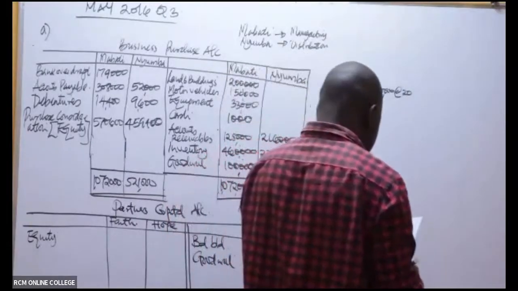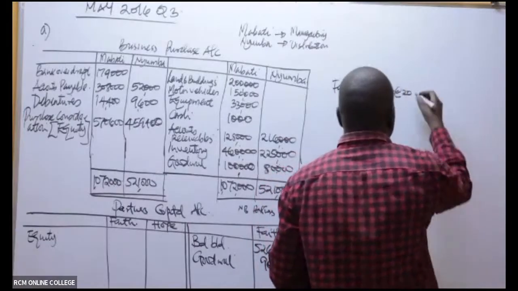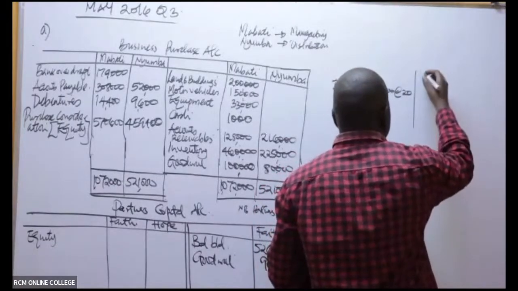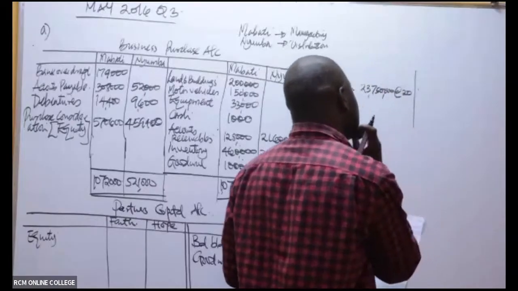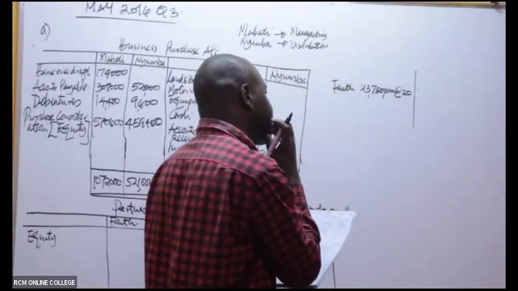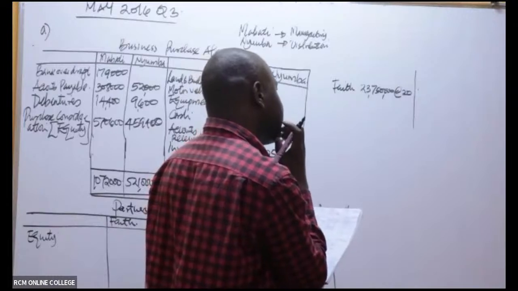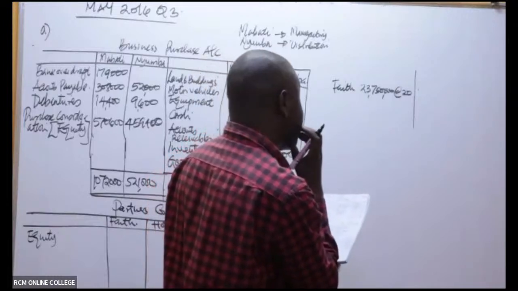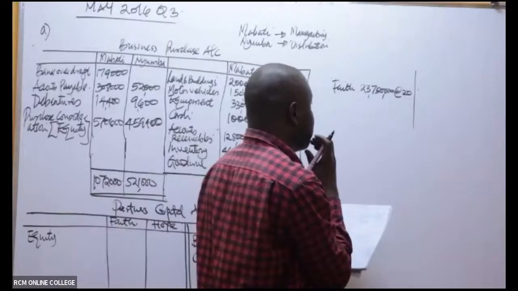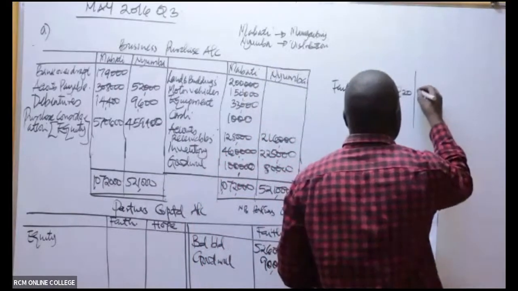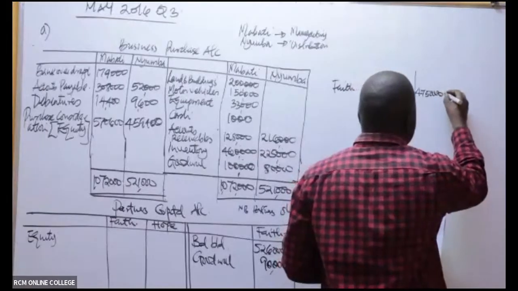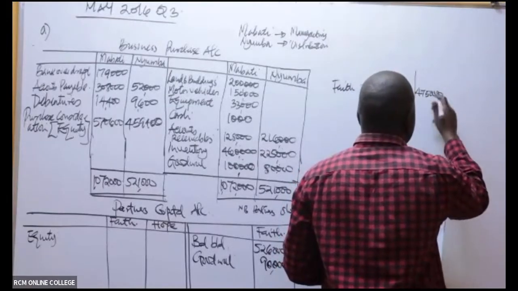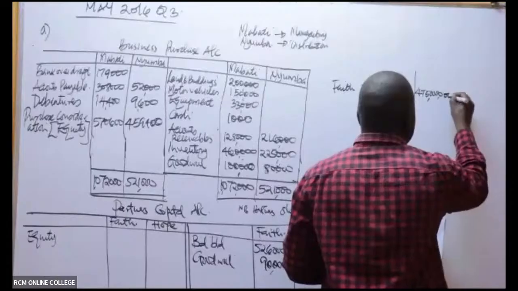So this one should basically be the equity in Mabati. If you do this computation, 23,750,000 times 20, you'll get 475 million.